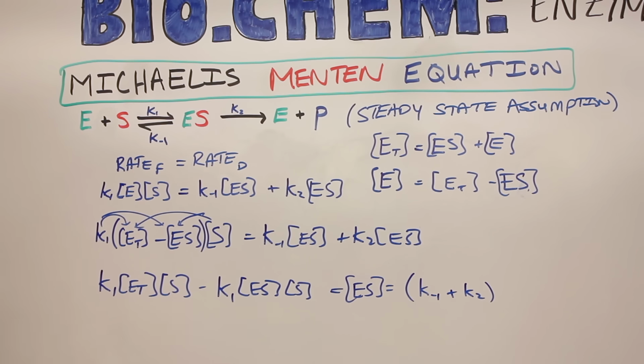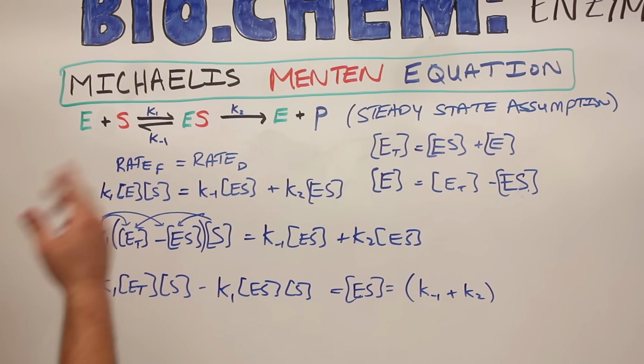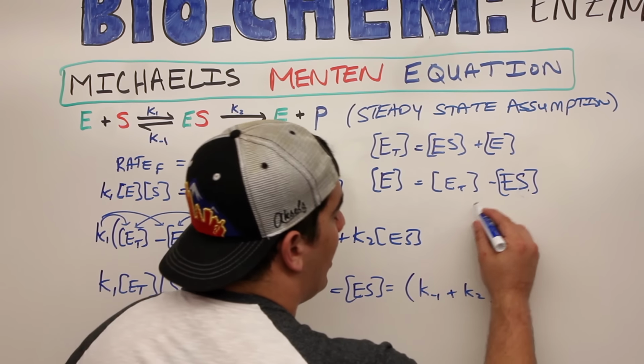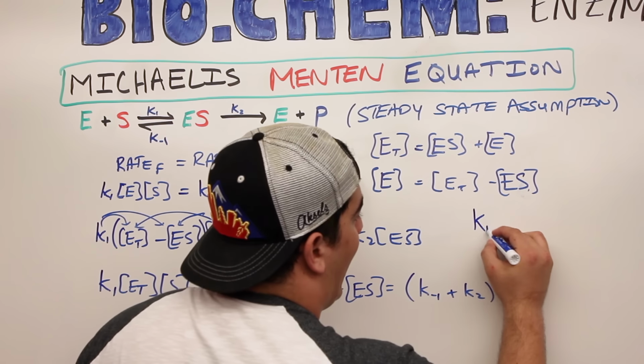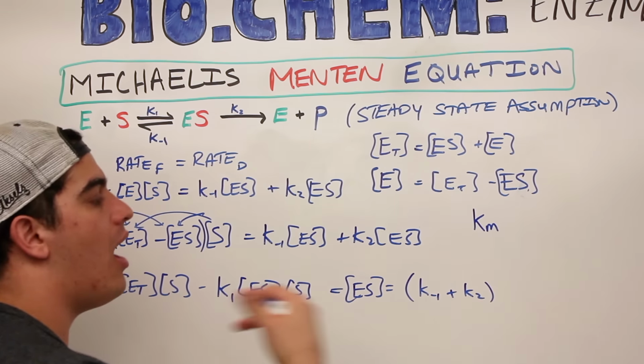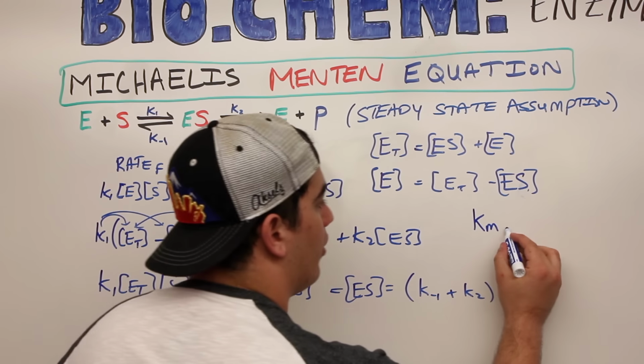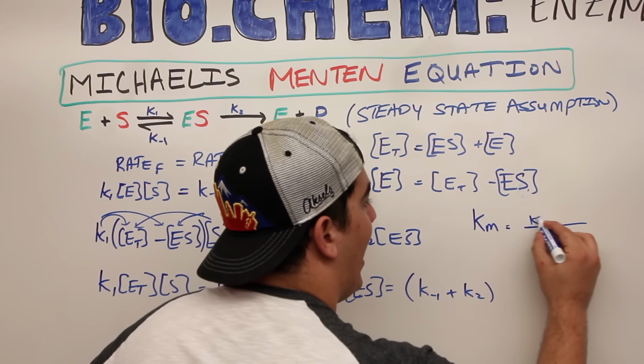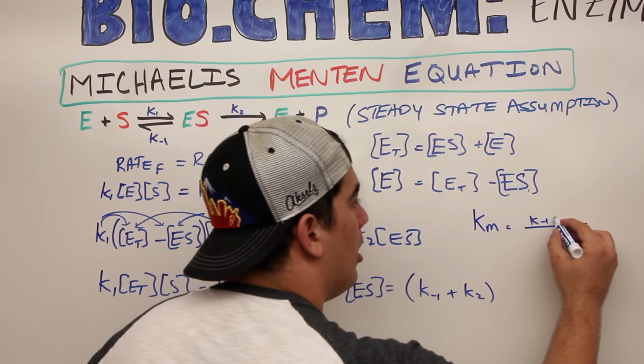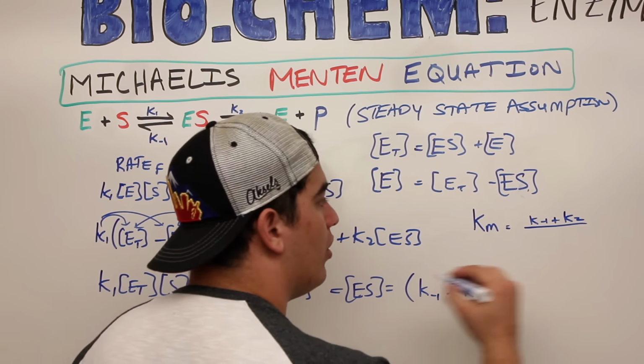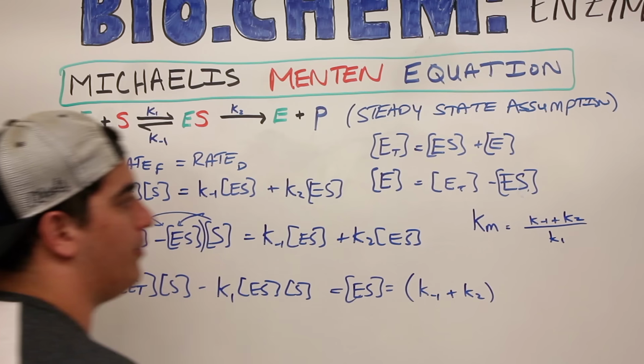Okay, now look what I can do. I have a K1 here which is similar across both of these equations. The reason I want to factor this one out is because there's another equation I'm going to use here. There's an equation that says Km, which is your Michaelis constant, is equal to K-1 plus K2 over K1.